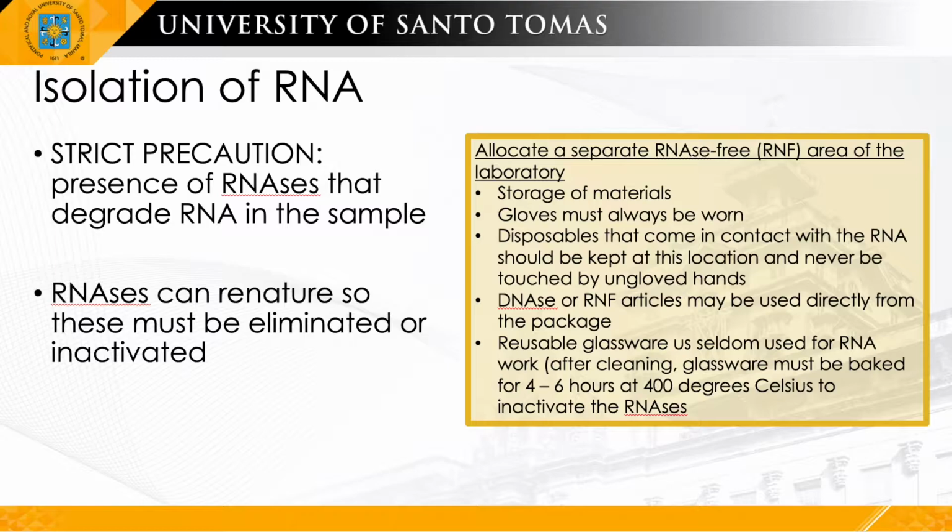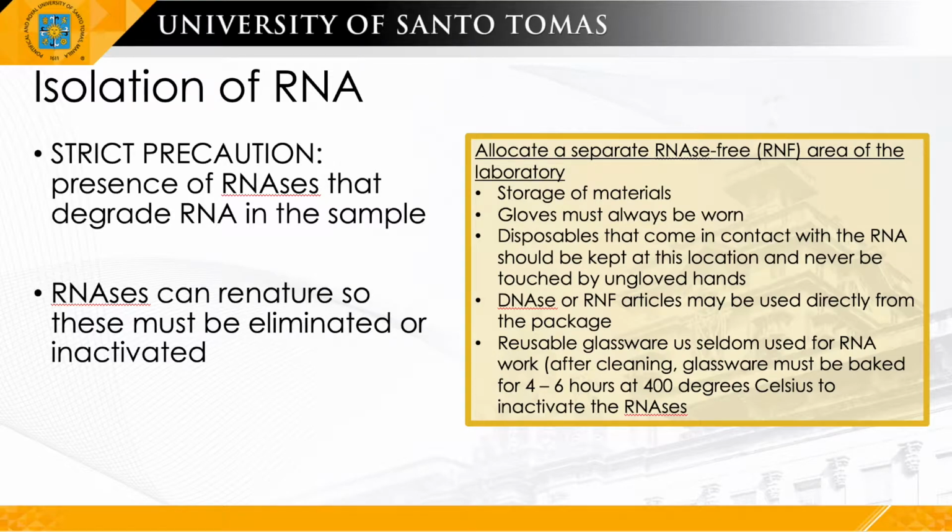So in isolating RNA, strict precaution is very, very important. There is the presence of RNases that degrade RNA in the sample. We should be wary of many sources of that, like the RNases on your finger. And sometimes in the specimen, we need to remove these so that they do not affect the RNA.